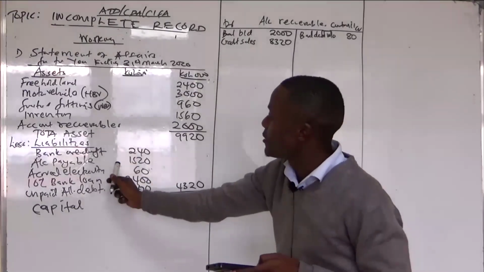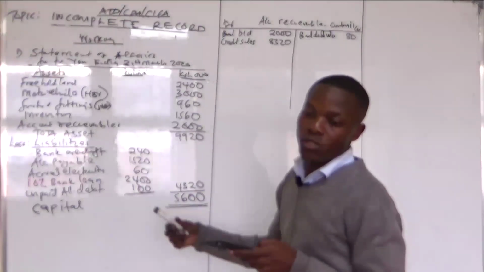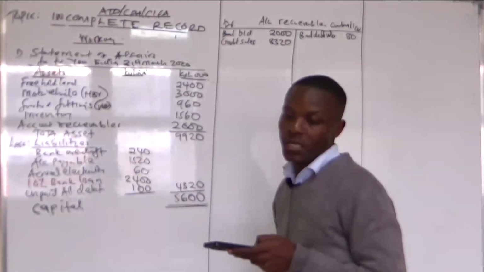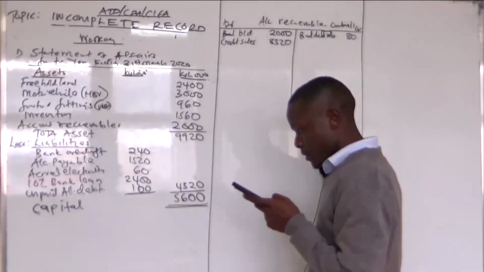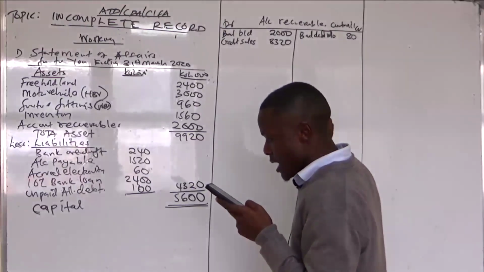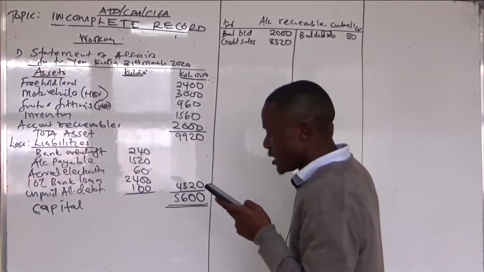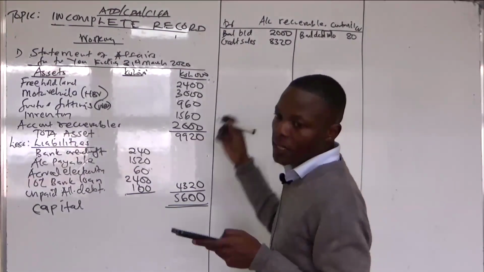We will compare it with this. Was there an increase or decrease? If there was an increase, it will be an expense. If there is a decrease, there will be an income. Is that understood? Then we have: during the year ended March, the business received discount of 160. Discount allowed. So which one do we put here? Discount allowed or received?